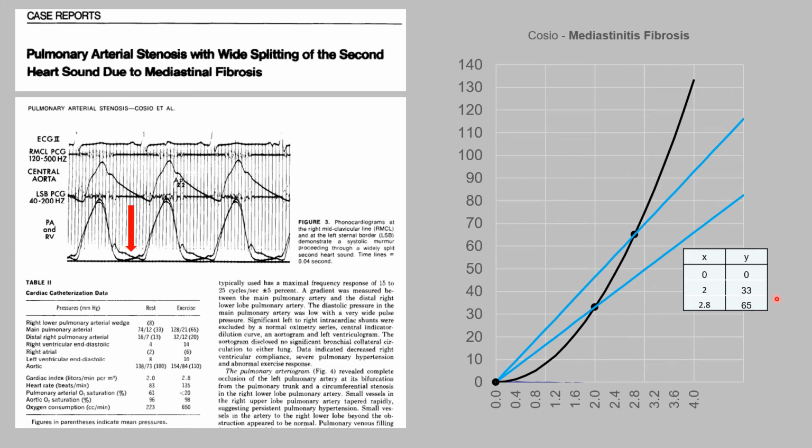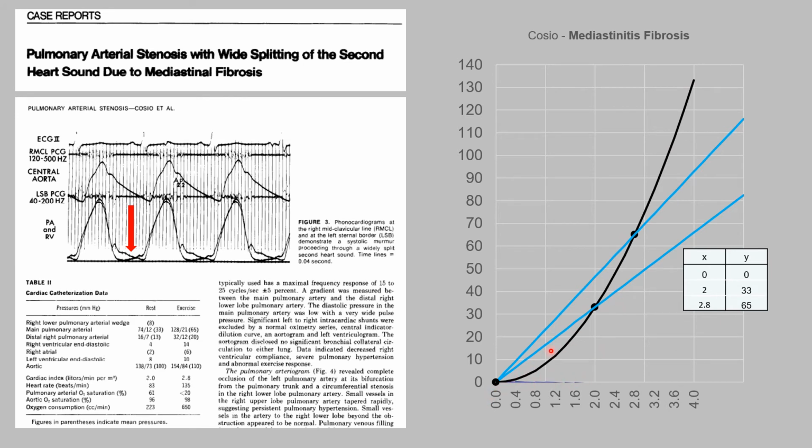And using those data points that I mentioned, 0 for no flow, 2 of cardiac index and 33 of mean pulmonary pressure, and 2.8 for the cardiac index and then 65 as the patient exercises, you can see that you can reconcile with a parabolic curve, getting all 3 points.